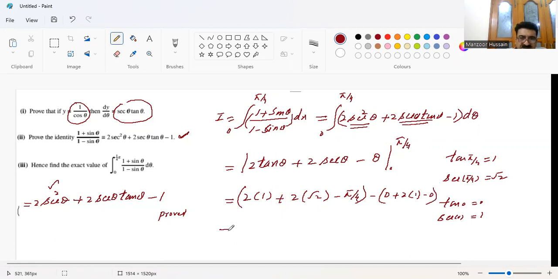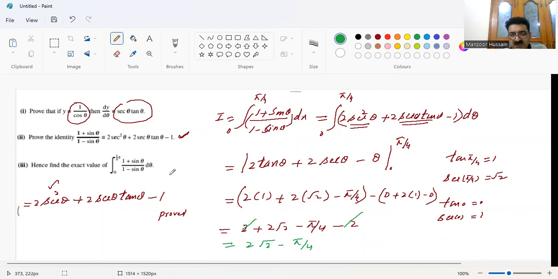Now simplify. It becomes 2 plus 2 under root of 2 minus pi by 4 and minus 2. The first 2 and the last 2 can be cancelled. And finally, we get the exact form of the answer. The previous question and this question are alike. This is the final answer.